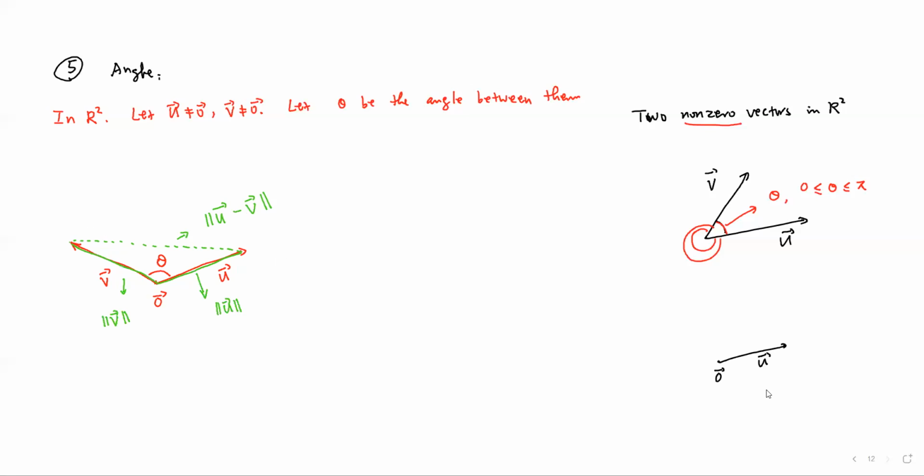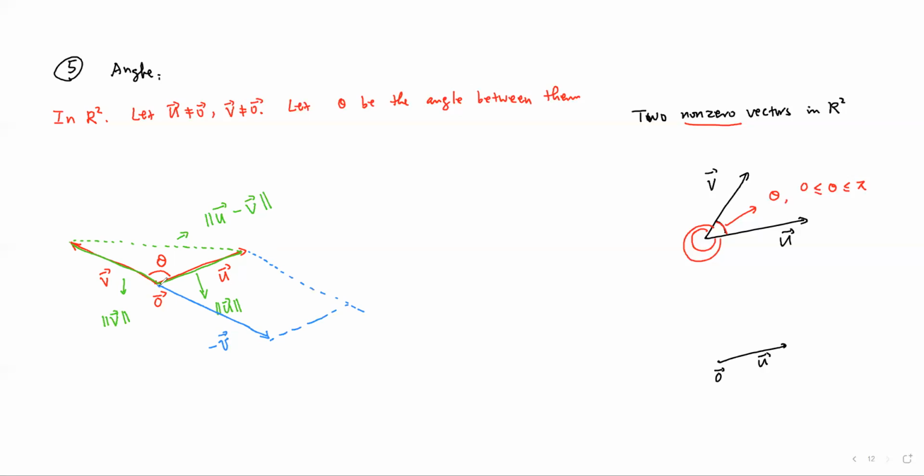How to see? Now let me plot U minus V, U plus negative V. Negative V is here. So U minus V actually is U plus this blue vector. Draw a parallelogram.